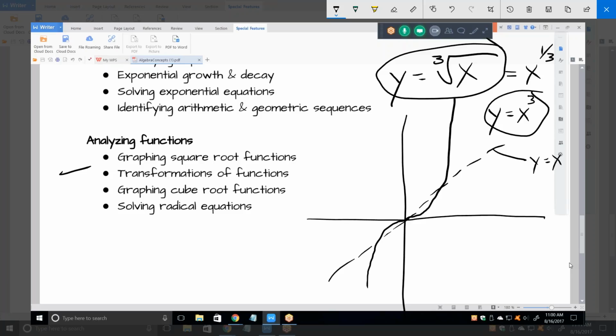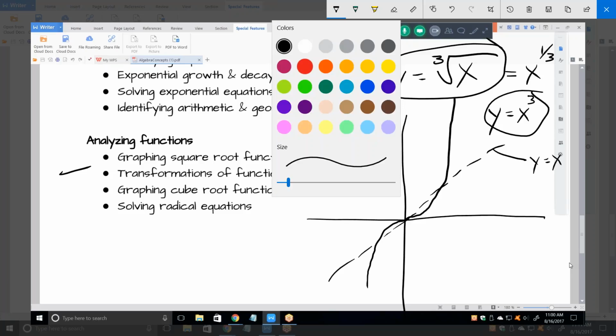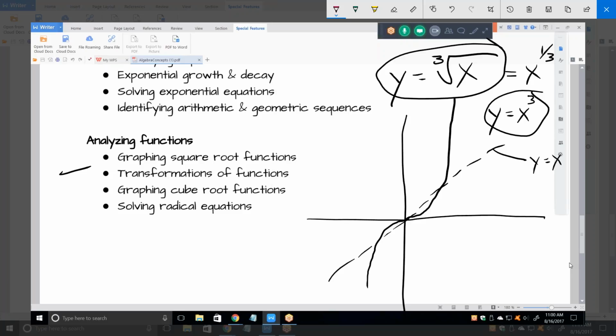And then the inverse is the reflection of this. So if I wanted to draw the cube root function, well, if I take the black line and reflect it, you see what I'm doing? Got to go through that point. So the pink line is the cube root function.